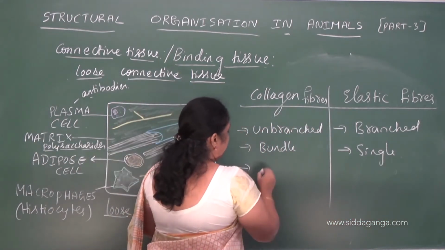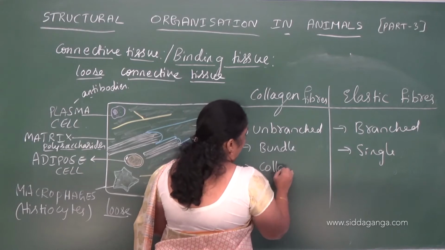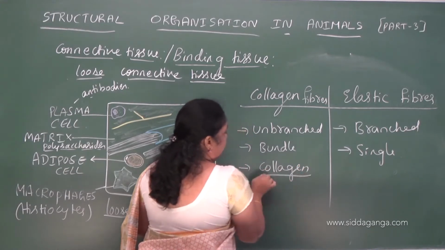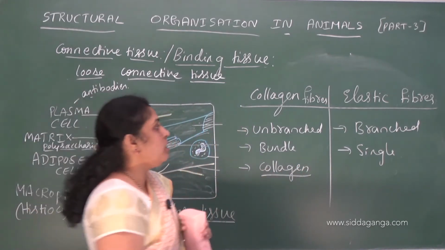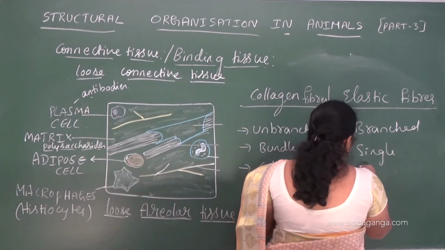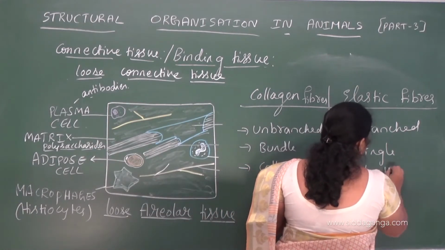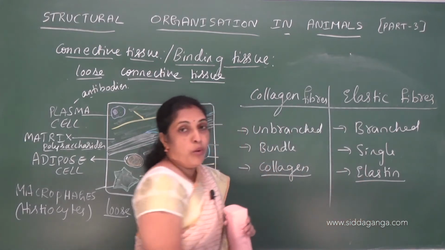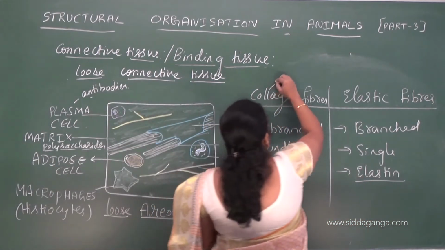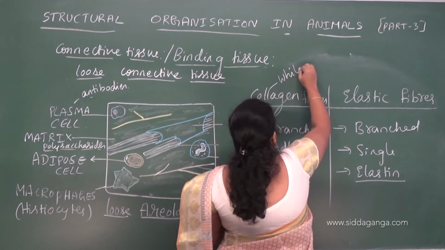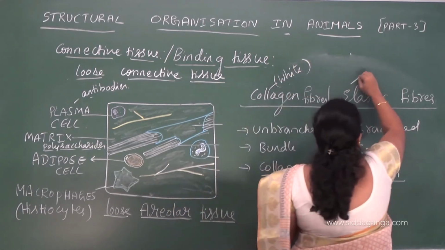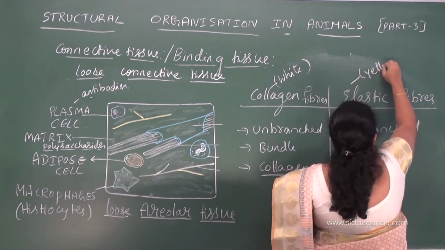Collagen fibers are made up of a protein called collagen, whereas elastic fibers are made up of a protein called elastin. And one more thing, collagen fibers are also called white fibers, whereas elastic fibers are also called yellow fibers.